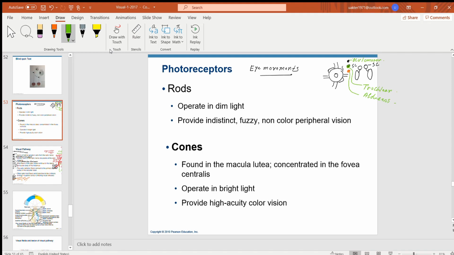Okay, and oculomotor nerve is the main one, right? It innervates 4 muscles. Let's see if I remember.